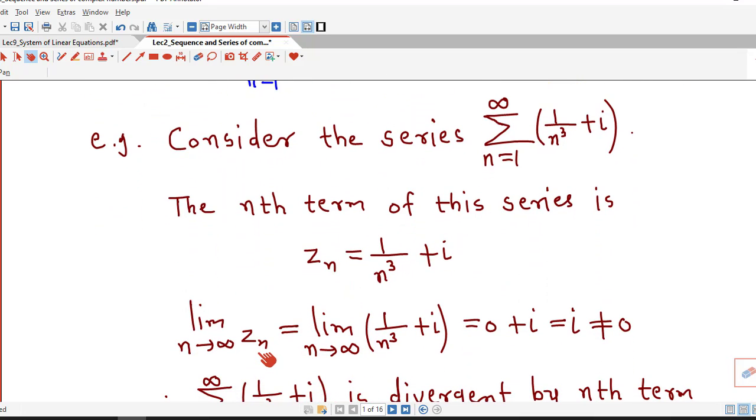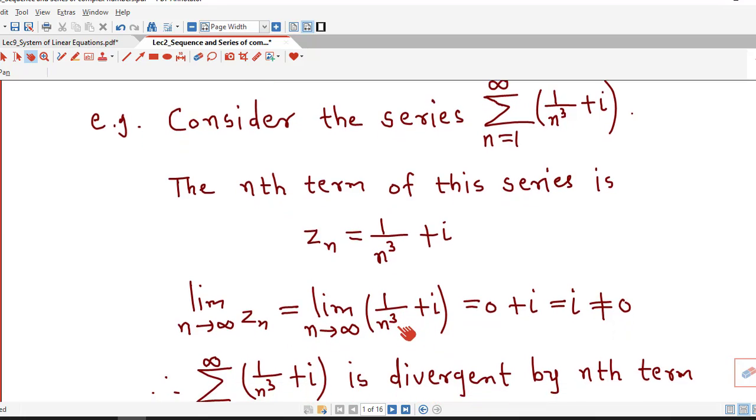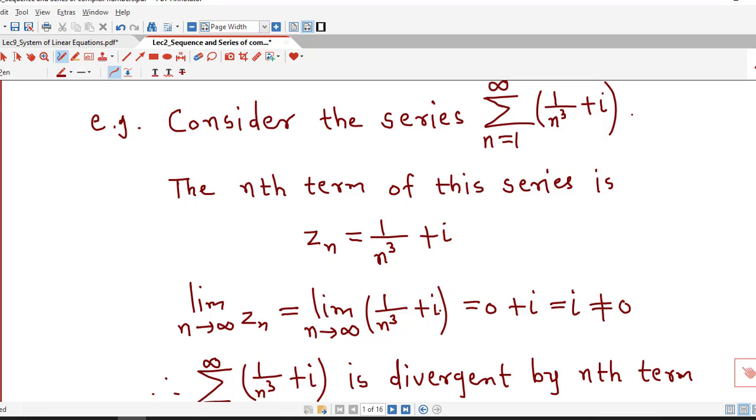Now the limit of Zn as n tends to infinity equals the limit of 1 over n cube plus i. We can write this as the limit of 1 over n cube as n tends to infinity plus the limit of i as n tends to infinity.